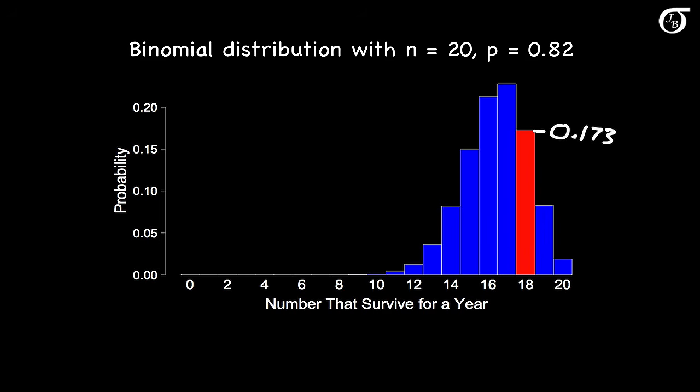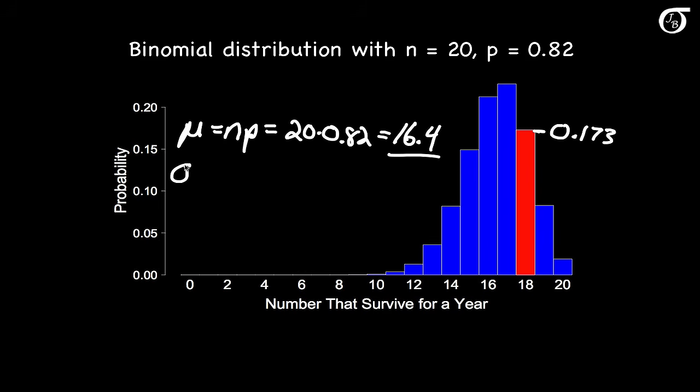If we wanted the mean number of men that would survive, the mean of this probability distribution, mu, for the binomial distribution is n times p, and in this particular case, that's 20 times 0.82, and that works out to 16.4. So on average, 16.4 of the 20 randomly selected 90-year-old Canadian males would survive for at least one more year.